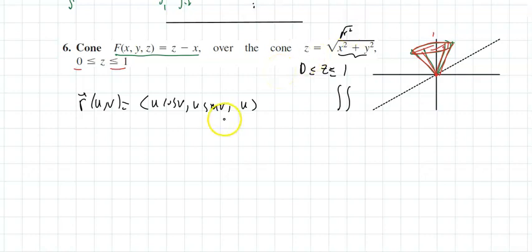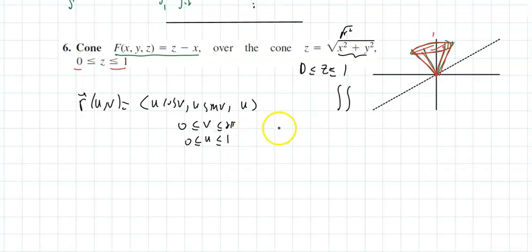I just want to separate between this and polar. So here I could say let v vary between 0 and 2 pi, and let u vary between 0 and 1. And that's going to take on all of that value. It's going to take all of it, the whole surface.